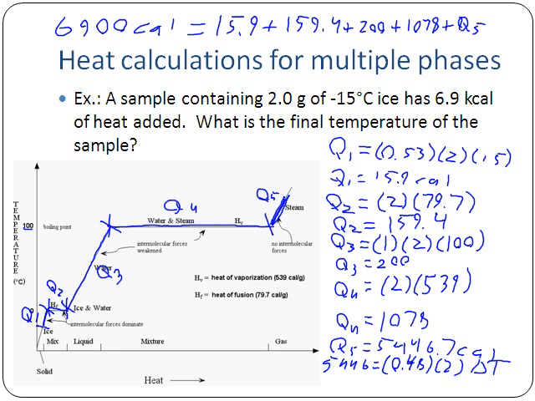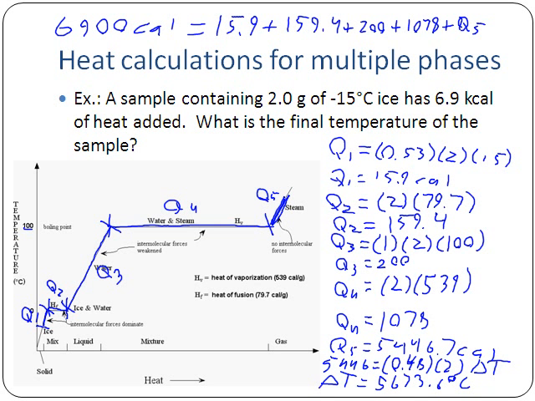And so by doing that, I end up with a delta T of 5,673.6 degrees Celsius.